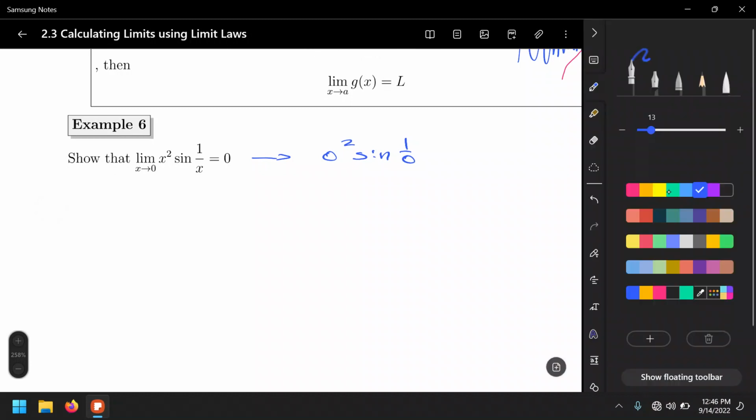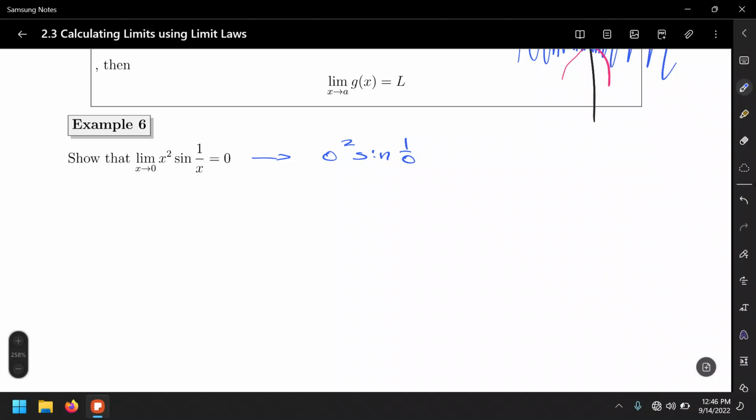Now, we're going to start with the trigonometric function. Number 1, what's the range of the sine function? Minus 1 to 1. Okay. So, one way to write a function in its range is to write down sine 1 over x is between negative 1 and positive 1.